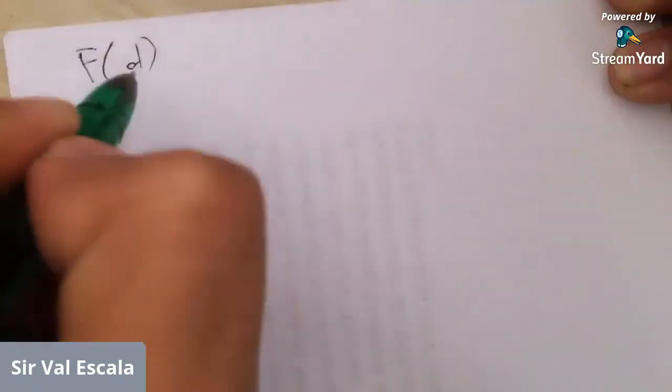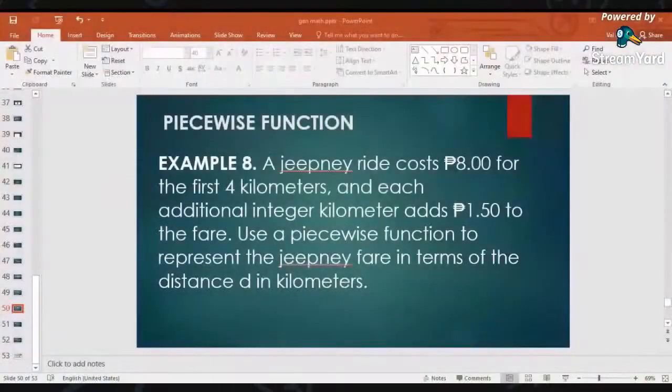Then, yung distance, ang lalagay daw natin ay letter d. So, yung d para sa distance natin, tapos yung f, pangalan ng function.